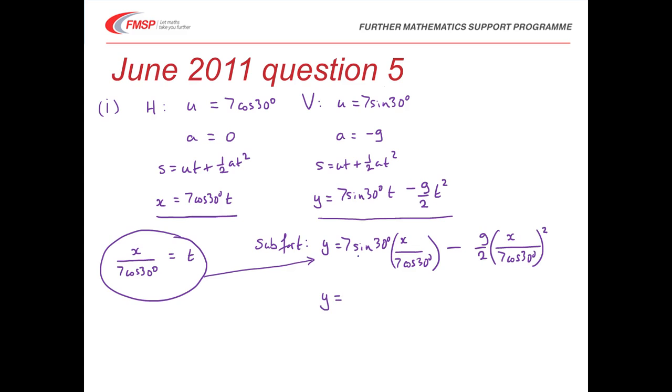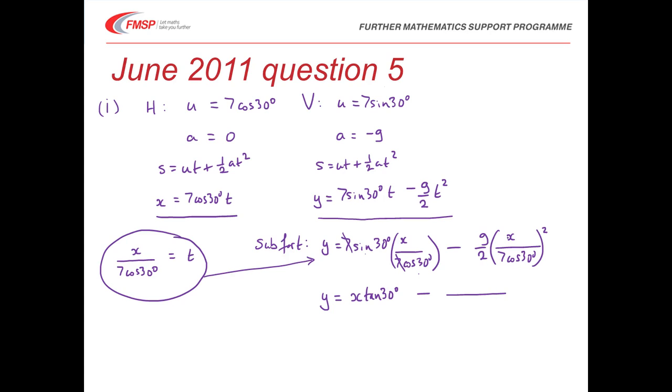I notice in this first term that I have a 7 in the numerator and the denominator, so they'll cancel, and I have sine theta divided by cos theta, which is tan of theta, tan of 30 in this case. And we normally place the x first and say x tan 30 rather than tan 30x. Minus, well, there's nothing much else I can do apart from write all this out.